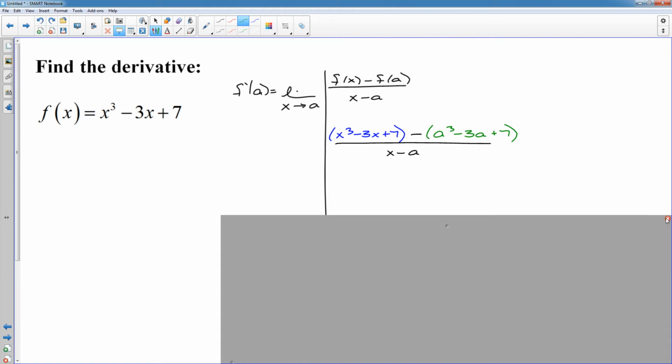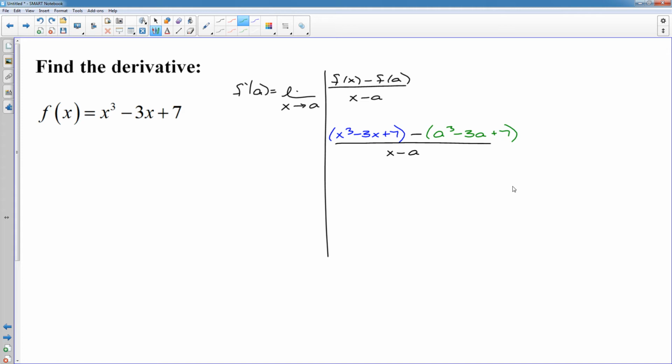And then I want to show you how we are going to simplify this. It's a little bit unique in how we solve this, but I do believe it's a little bit easier. So we have f of x, f of a, color-coded. I will start by distributing my negative. And so my first parentheses, the blue stuff doesn't change, x cubed minus 3x plus 7 minus a cubed plus 3a minus a 7.